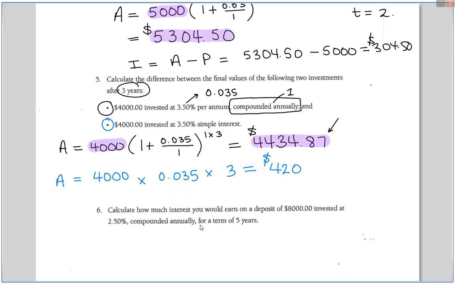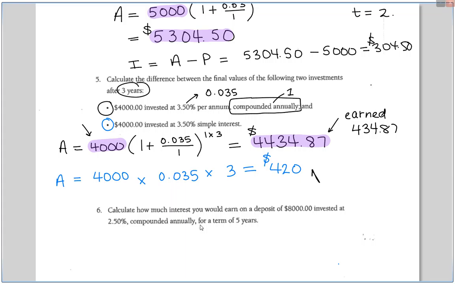So this one, you earned $434.87 because you upgraded from 4000 to 4434. So that's the interest earned.